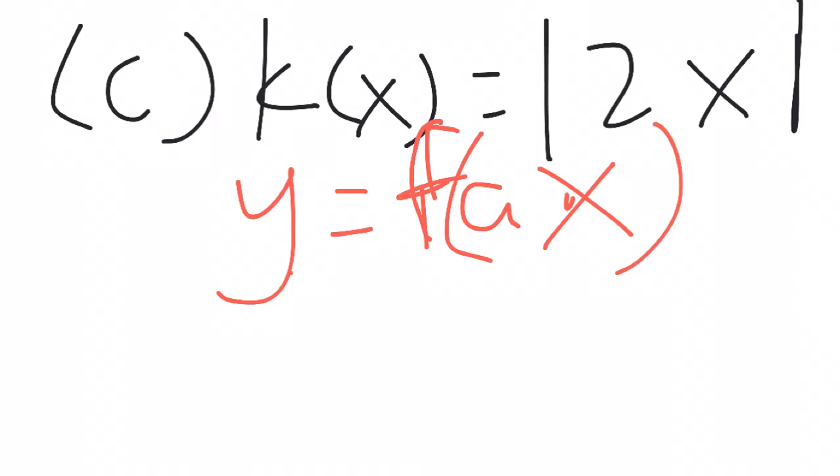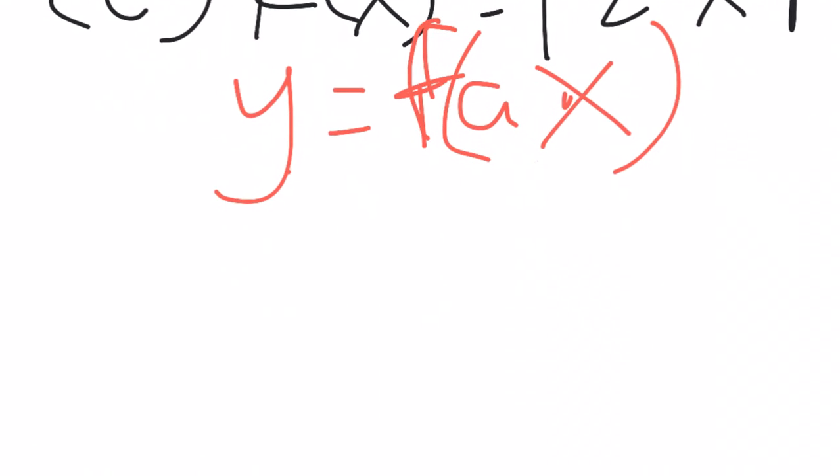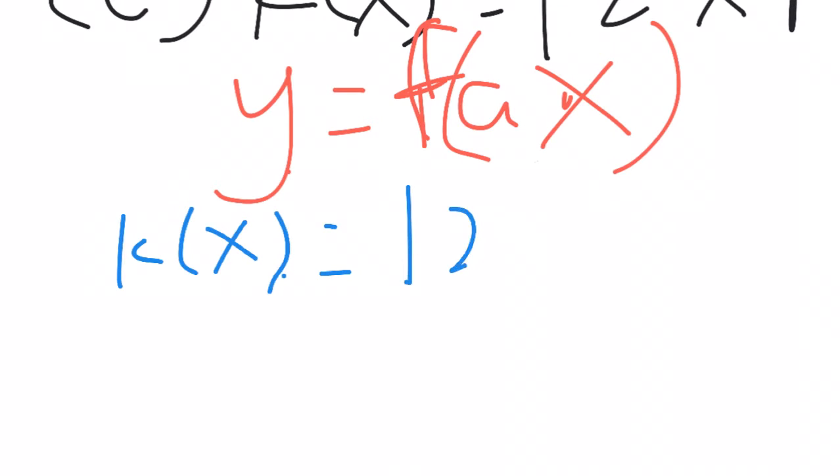In this case, we're multiplying the input of the absolute value function by 2. Let's first just show what happens with this particular example. So k of x equals absolute value of 2x.